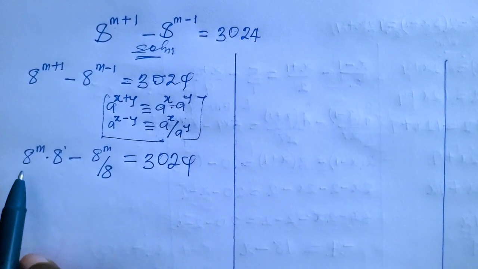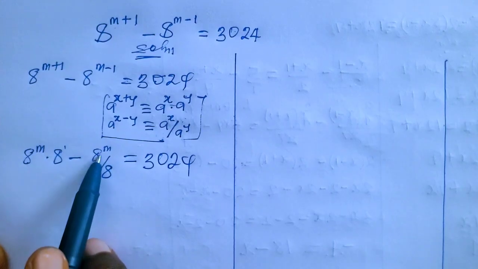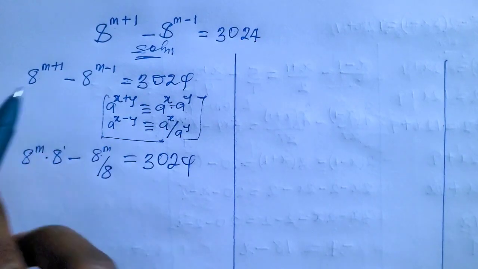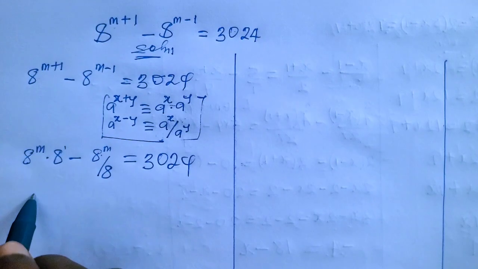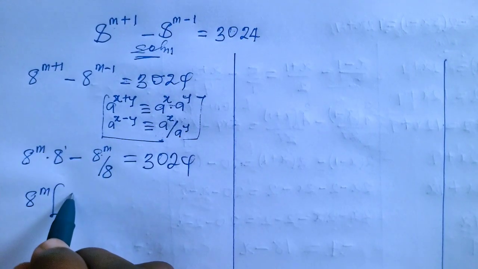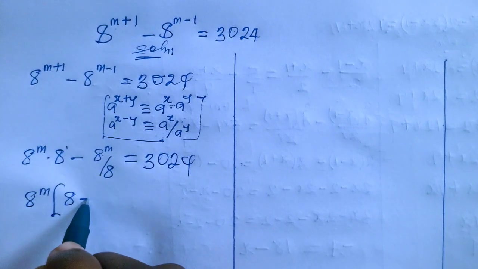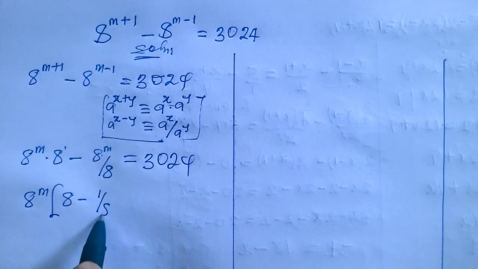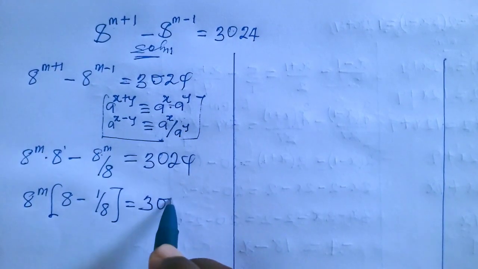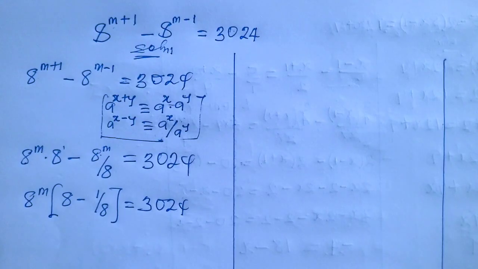Simplifying this further, we have 8 to the power of m and 8 to the power of m. We are going to factor out 8 to the power of m because it is common at the left hand side of the equation, and we have 8 to the power of m times 8 minus 1 all over 8 equals 3024.